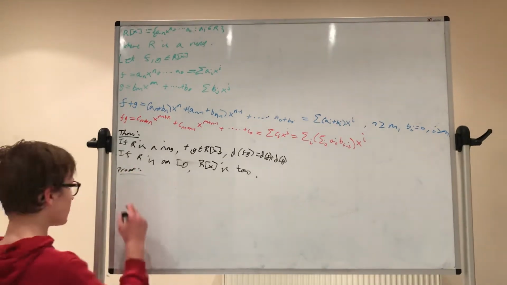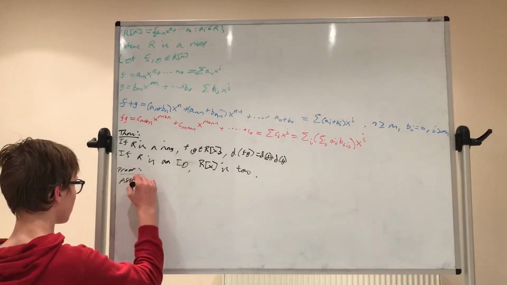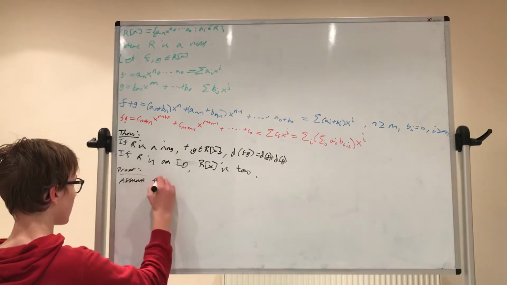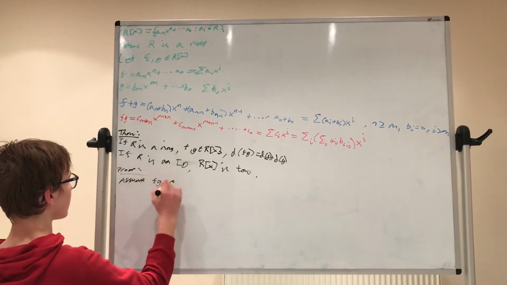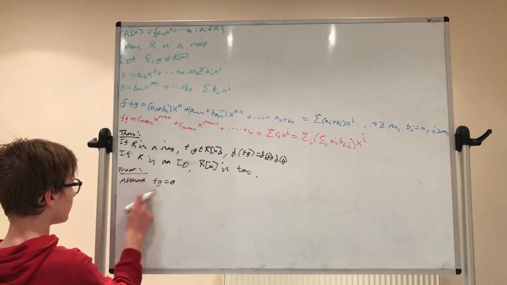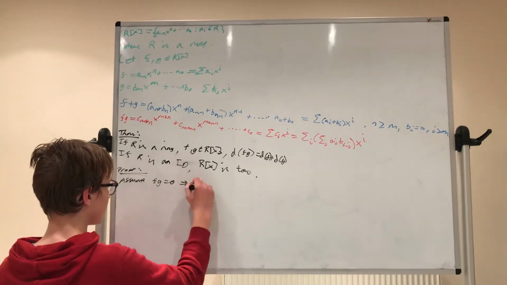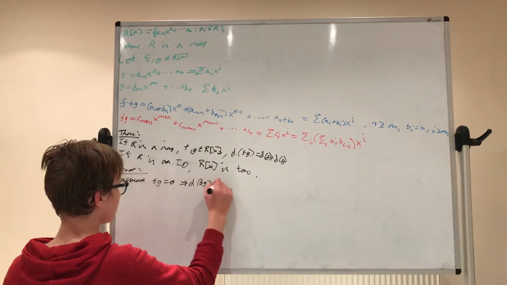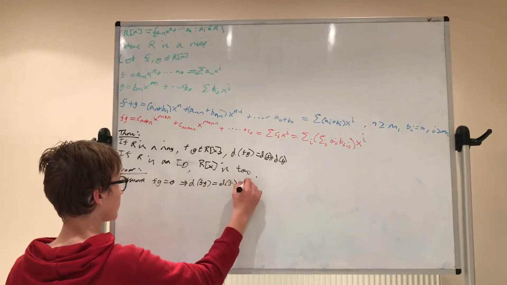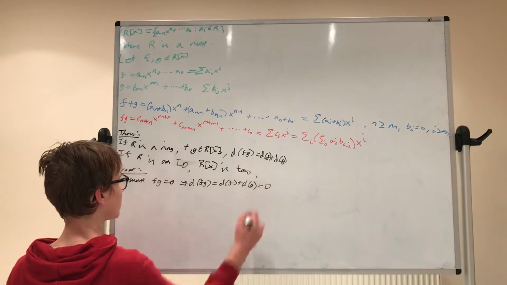Let's just assume that fg equals 0 for some polynomials in this ring. Then that implies that the degree of fg, which is equal to the degree of f plus the degree of g, is equal to 0.